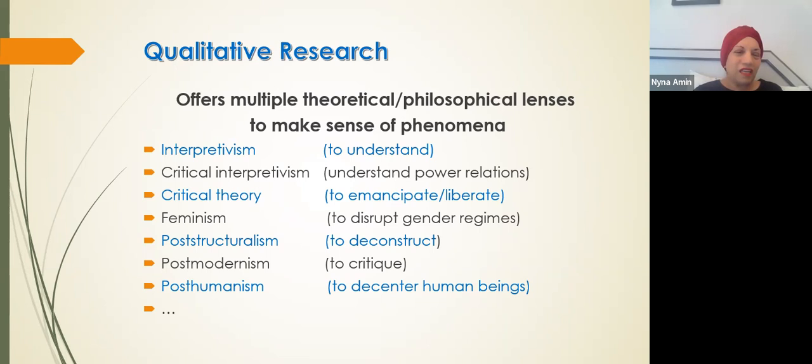Critical theory. And this is to emancipate or liberate. And it need not be about the patient.